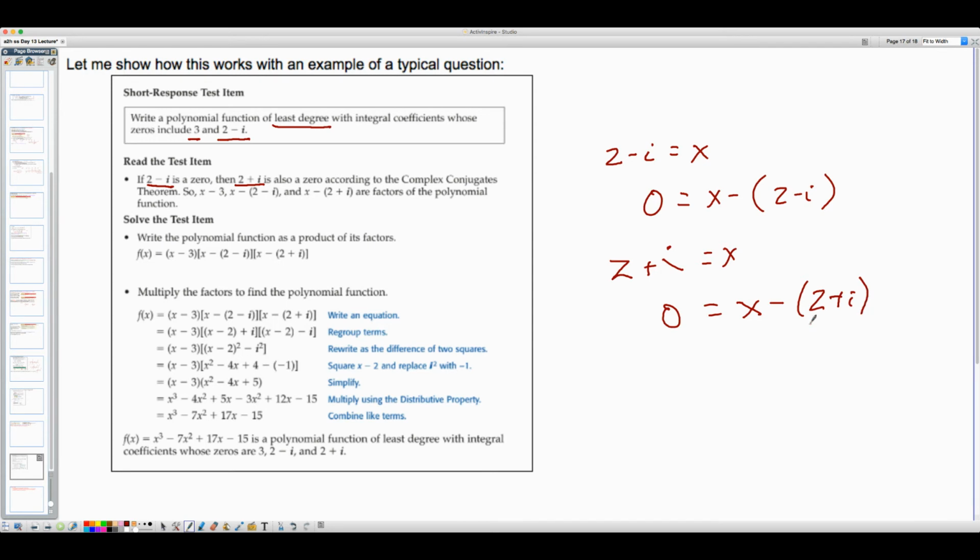So these are my roots, I mean, my factors. When you write the factors out, you have the 1 factor, the 2 factors, and the 3 factors, and you work it out. And you end up with all of the coefficients of this polynomial being real numbers, even though it has imaginary roots.